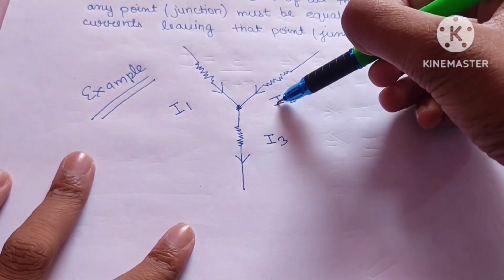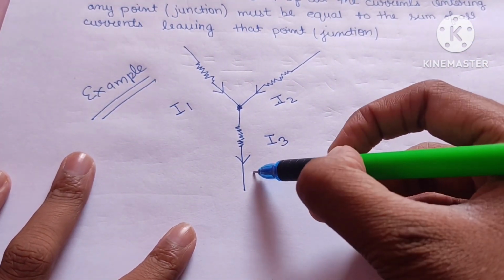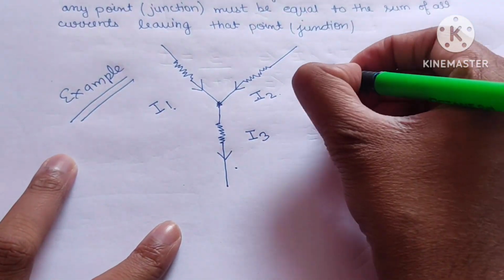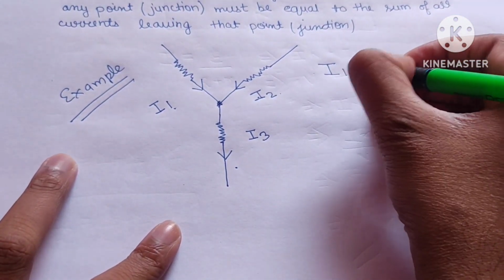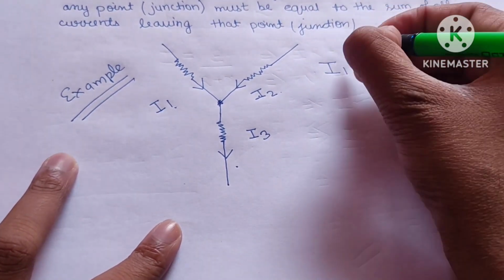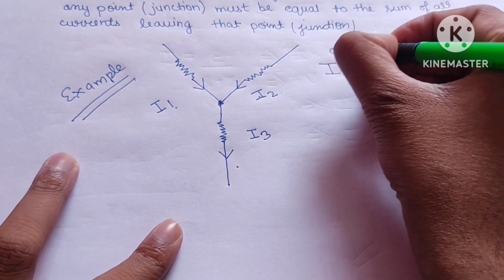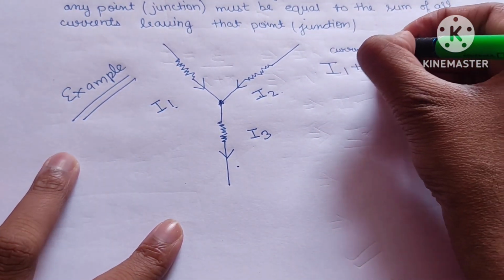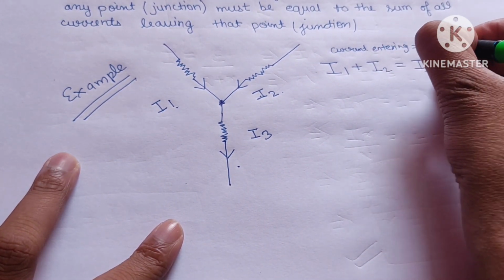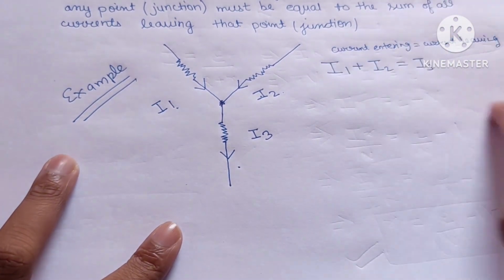So I1 and I2 are entering, and I3 is the current leaving. So what we can say here is I1 plus I2 equals I3. Why? Because the currents entering equal the current leaving.